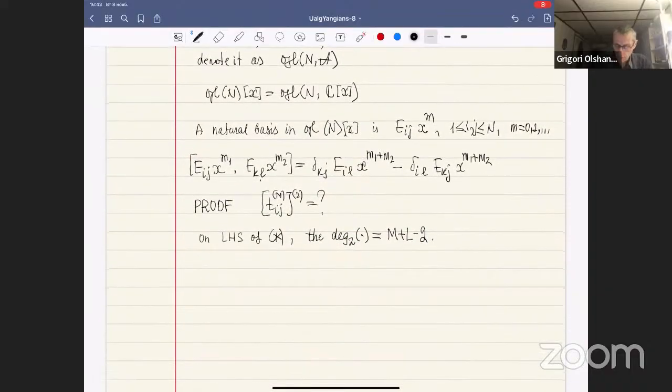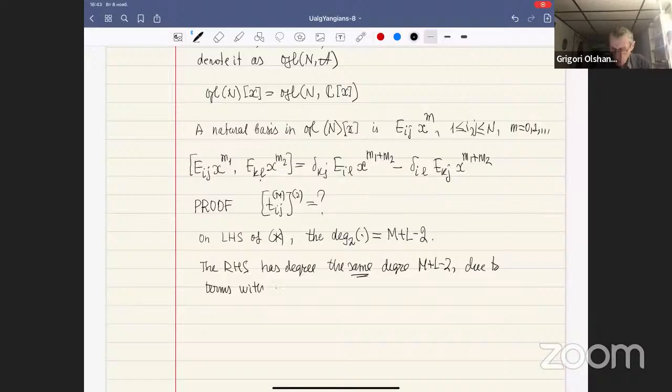So the right-hand side has the same degree due to terms with r equal to 0, and other terms have smaller degree.